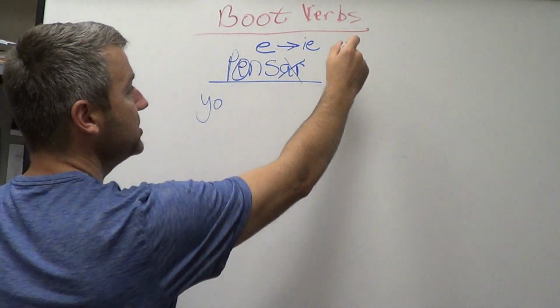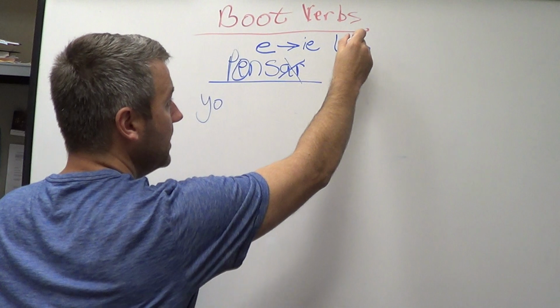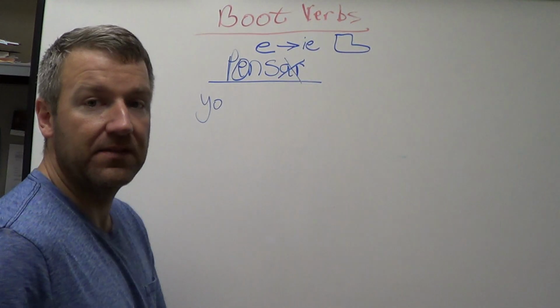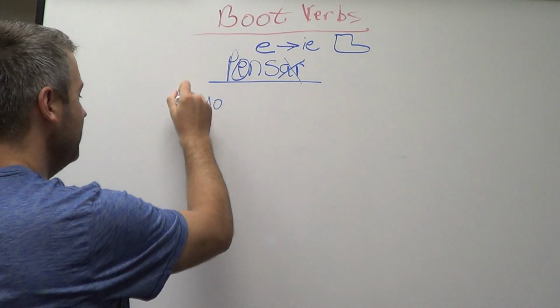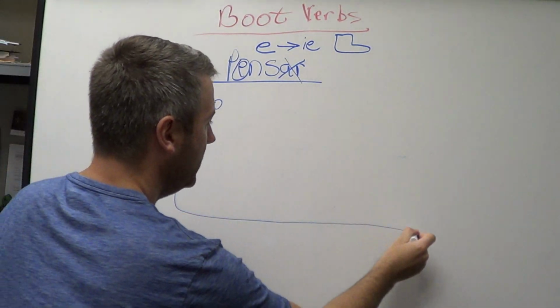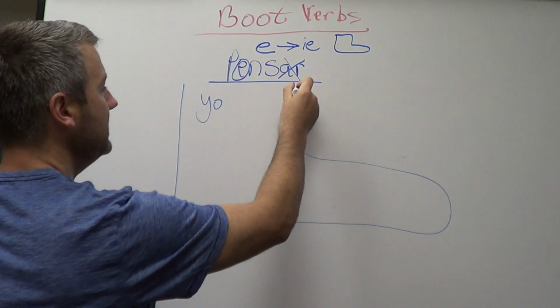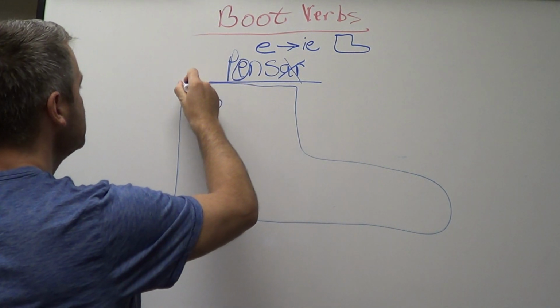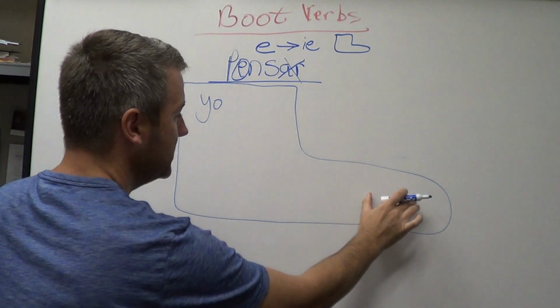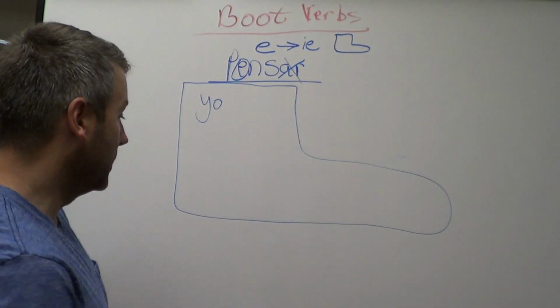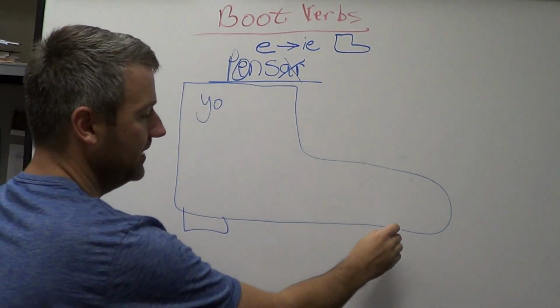And it's going to change in all the forms that fall in the boot. Oh my goodness, what is that? Well, if you draw a little boot around all of these forms, every pronoun and verb that falls within this boot, or what kind of looks like a boot, isn't that pretty?